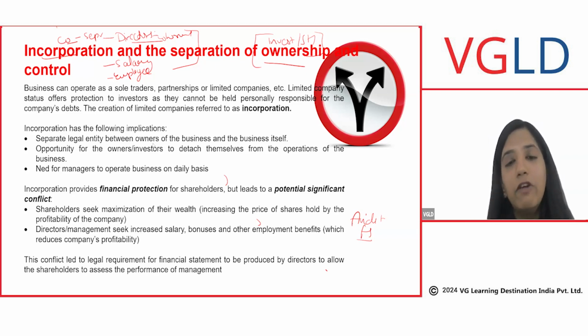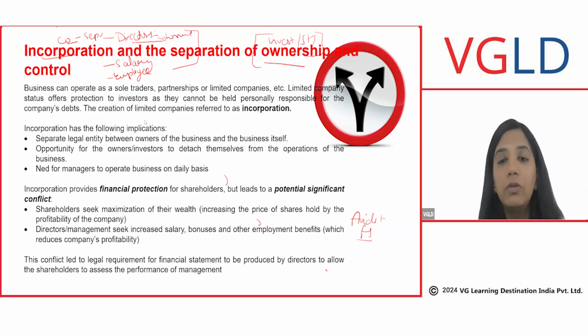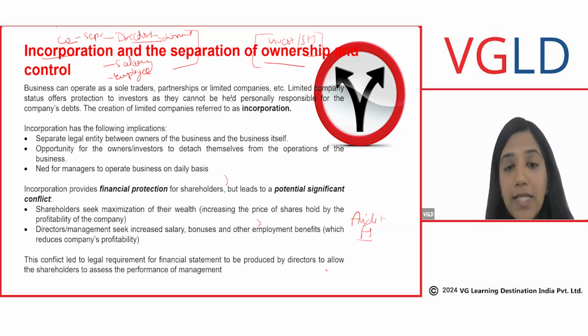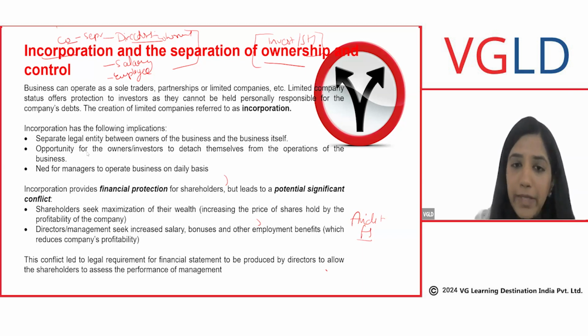So the status of your business has an impact on your investors. Some people only want to invest in a listed company. Some people want to invest in a startup. Some people want to invest in a bootstrapped company. So what is the nature of your business? How have you incorporated yourself? As they cannot be held personally responsible for the company's debt.